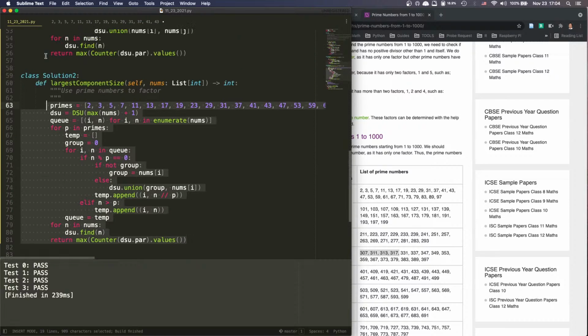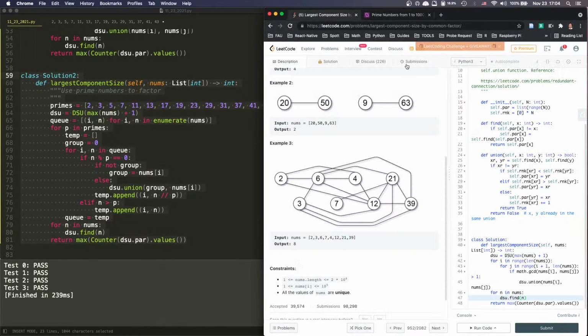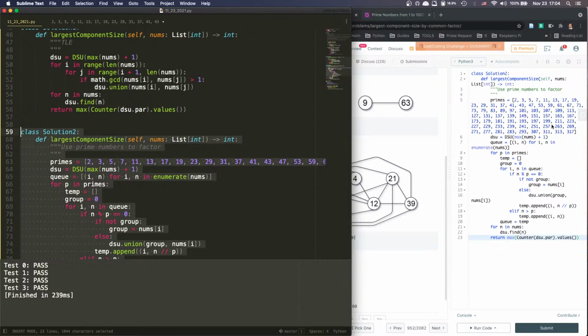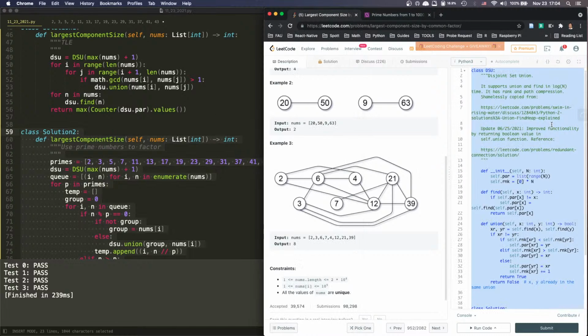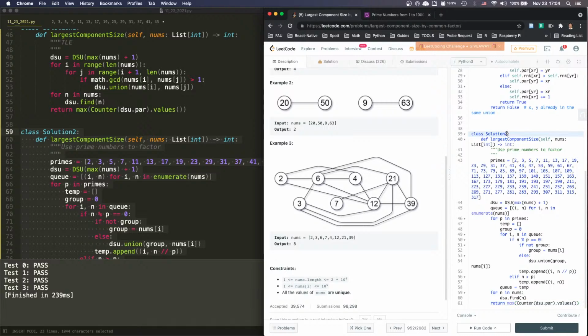All right, let's try this one. Let's try this one. And of course, we are going to try this. Oops. Oopsie daisy. Hold on. I think I delete the DSU. Can't have the DSU. Alright, that's the one. Yeah, let's try it.